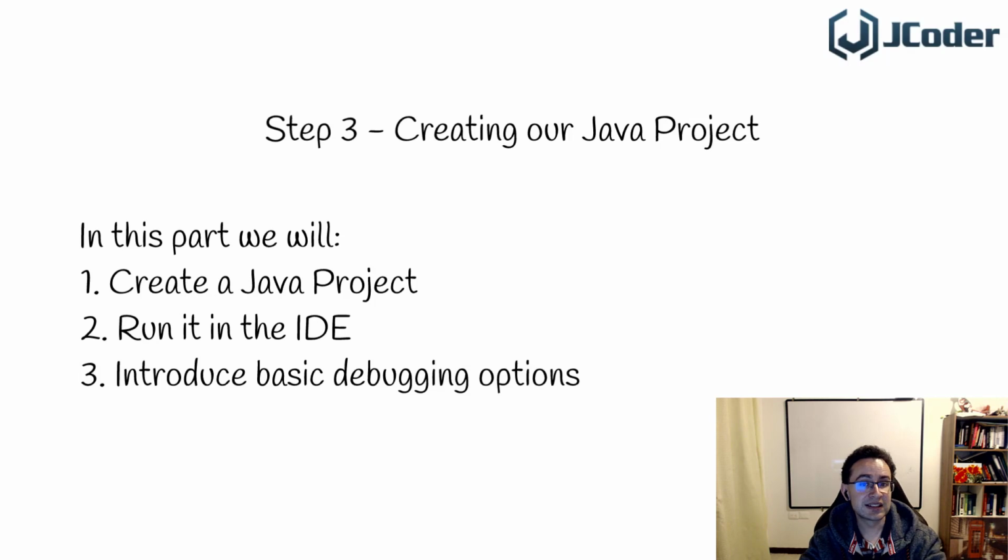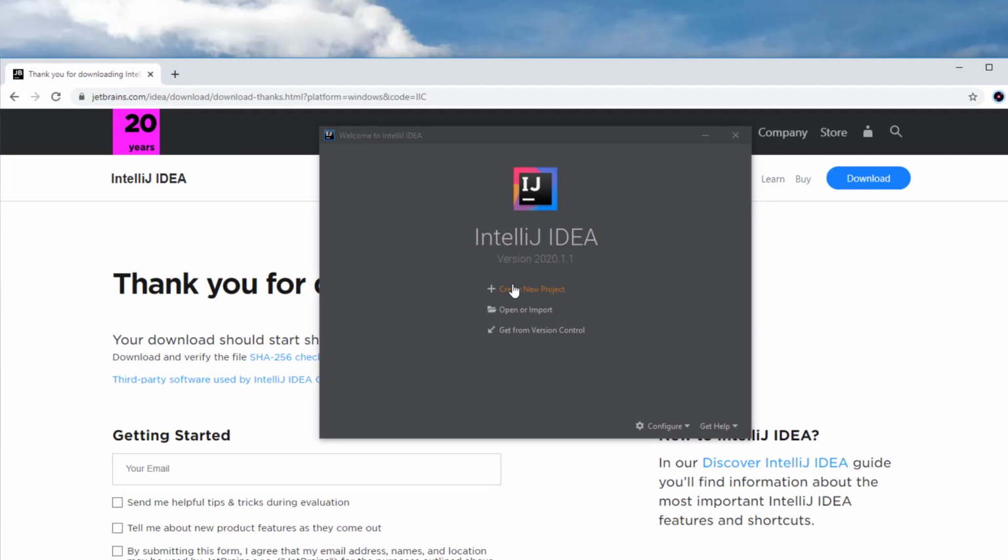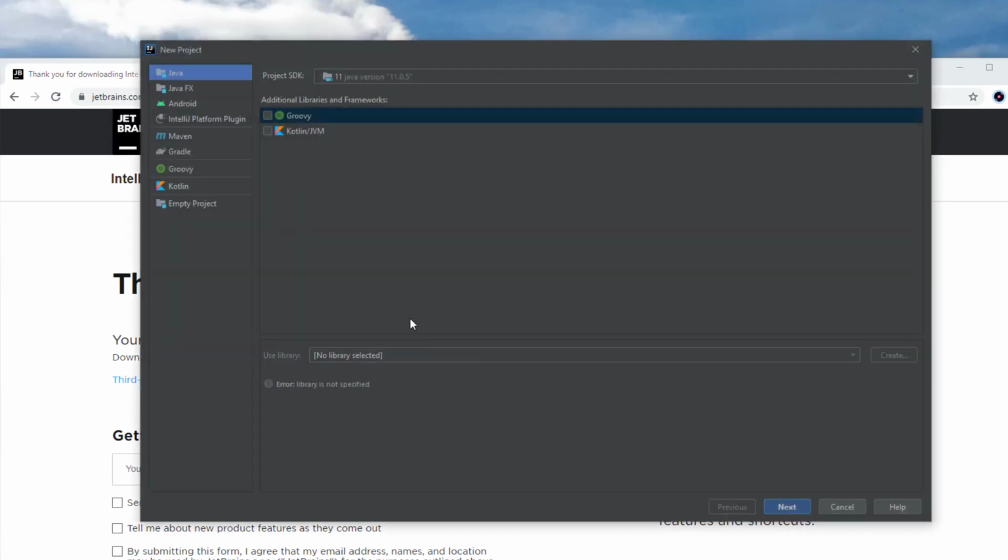Now the next step is to create our first Java project. So to start, we're going to click on the Create New Project option. As you can see, IntelliJ gives us several options. Remember that IntelliJ supports other languages, and it also supports multiple tools to work on different kinds of projects. For the purpose of this tutorial, of course, we're going to select Java.